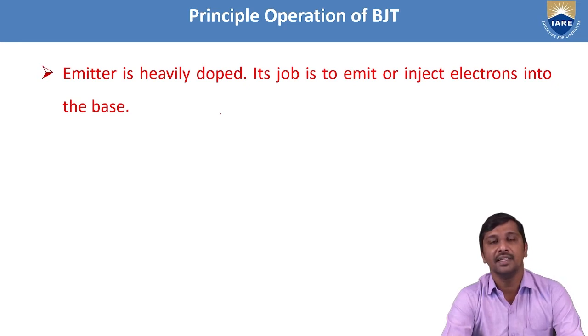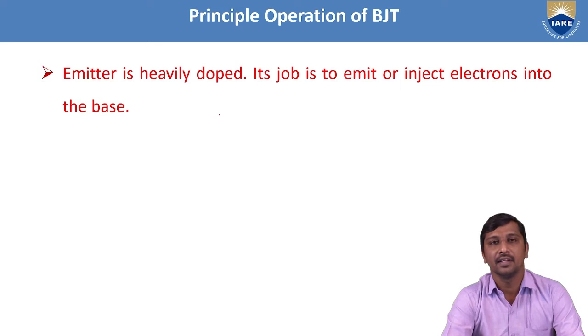So the emitter acts as a source. If the doping level increases, the charge carriers also increase, and if the charge carriers increase, the conduction rate also increases. That is the reason the emitter is heavily doped and always emits the charge carriers.